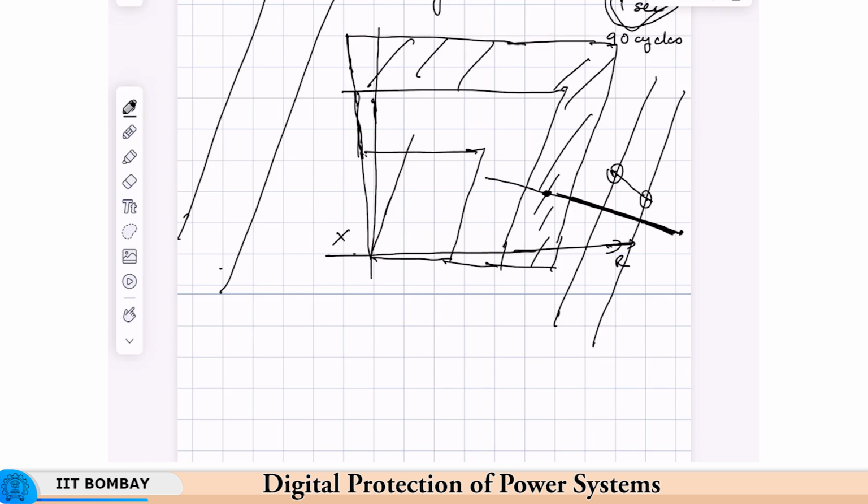If it is slower than a certain time, then you know that it is a swing. Otherwise, for a fault it will cross almost instantaneously. But you carry out the simulations, see what is the fastest swing, and then set this just below that.